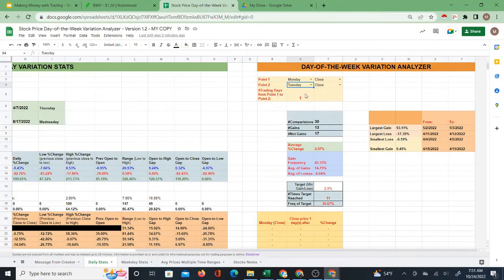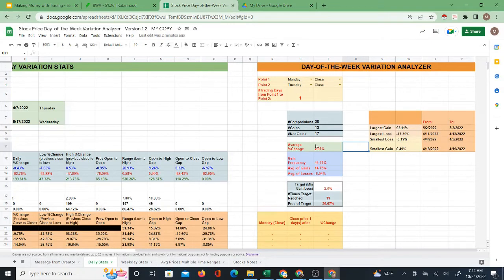And it will compare the day after Monday, which of course is going to be Tuesday most of the time. Now, out of those 30 comparisons, it found that it gained 13 times, and 17 times it did not gain from Monday close to Tuesday's close.